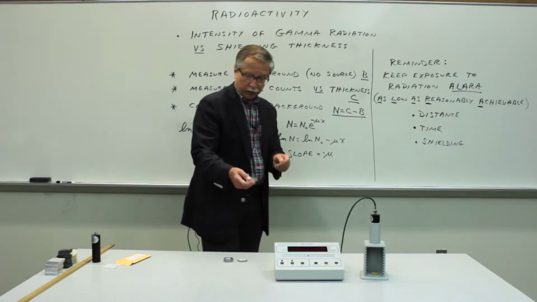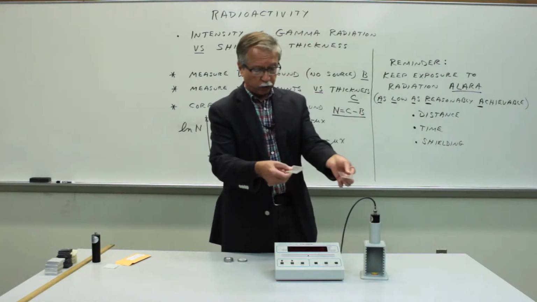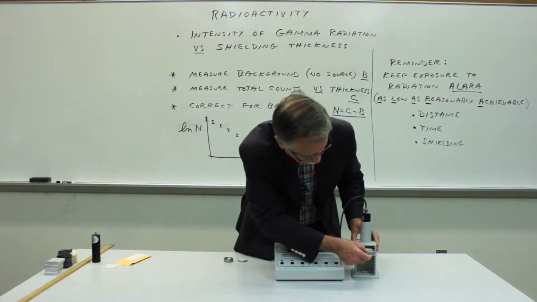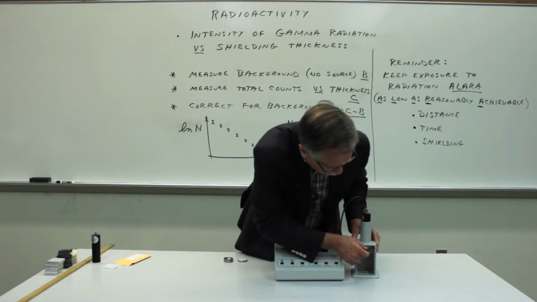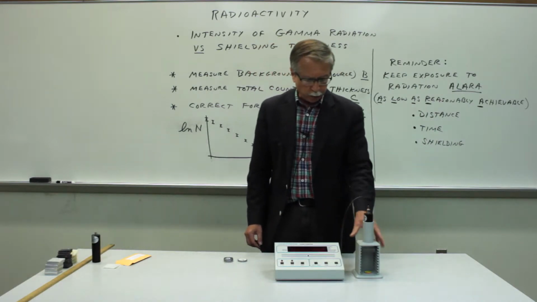A nice way to do that is using a piece of plexiglass. So there's a shelf on which you can place the plexiglass beta filter. Just put that up on the top of the instrument, right underneath the window of the Geiger tube.